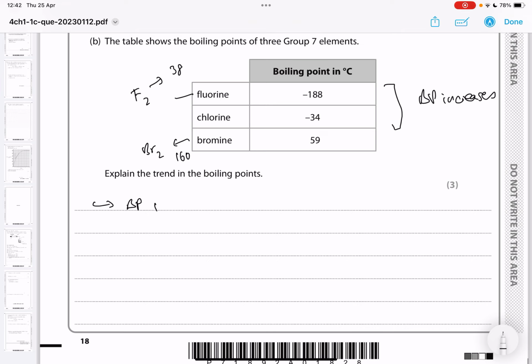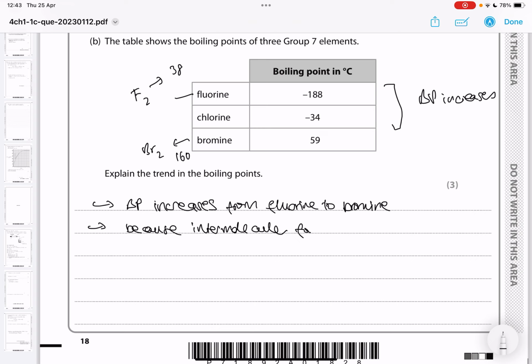Boiling point, BP stands for boiling point. Boiling point increases from fluorine to bromine because intermolecular forces get stronger.